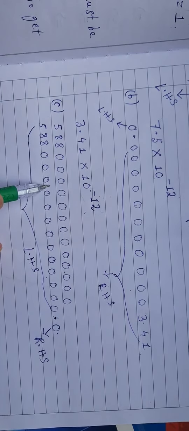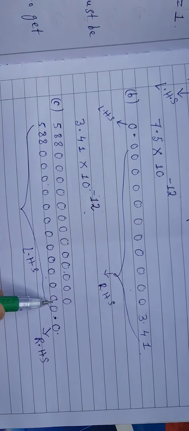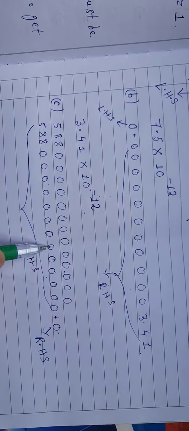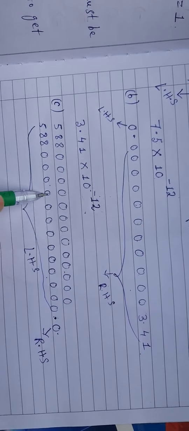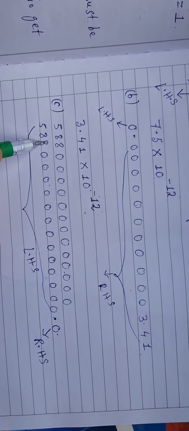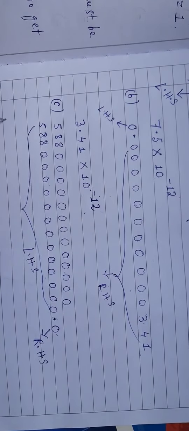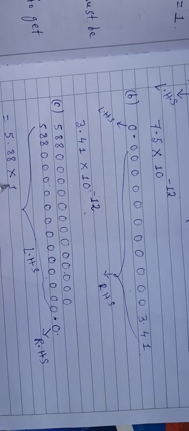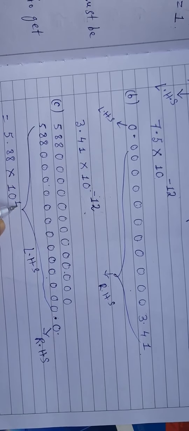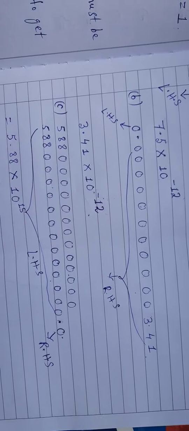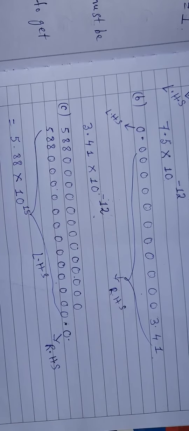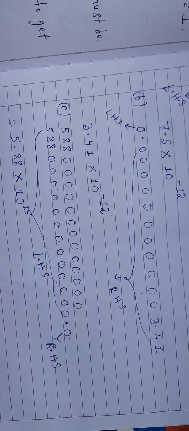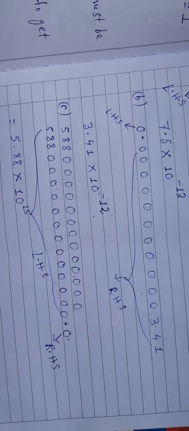Now count how many digits the decimal point will be shifted: 1, 2, 3, 4, 5, 6, 7, 8, 9, 10, 11, 12, 13, 14 and 15. So the answer would be 5.88 into 10 to the power plus 15. That is how we convert the usual form into the standard form. So just remember these 2 points.